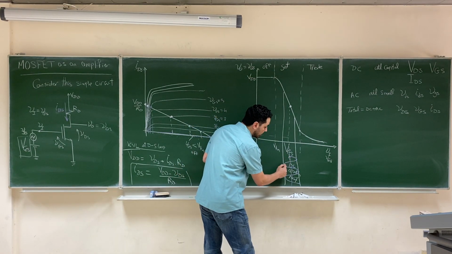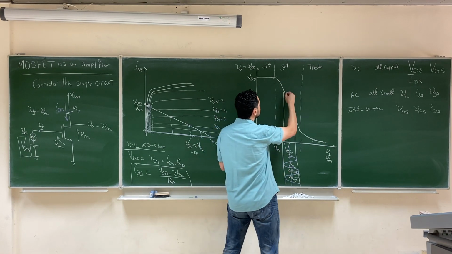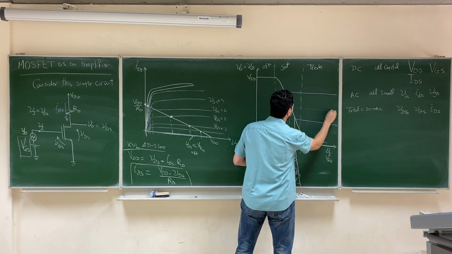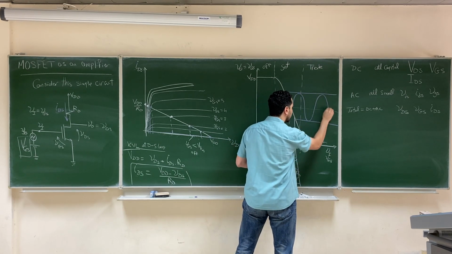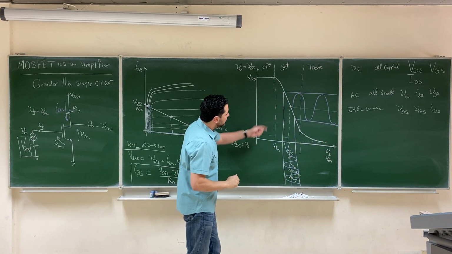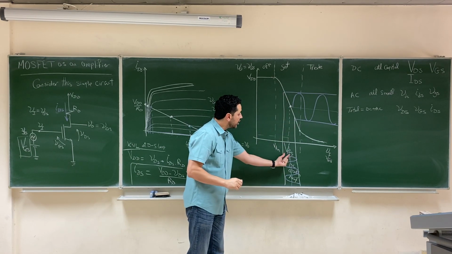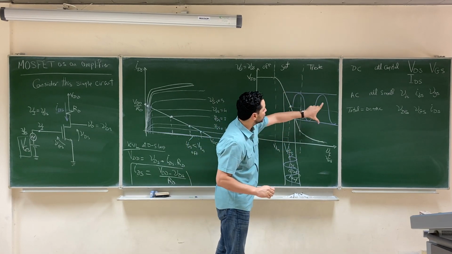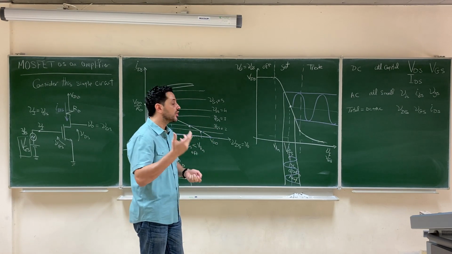So when our input AC signal changes with a small change, this will cause the output to change around its DC value with a large change. And as you see, because of the slope of this line, a small change in the horizontal axis will cause a large change in the vertical axis, and here the amplification comes.